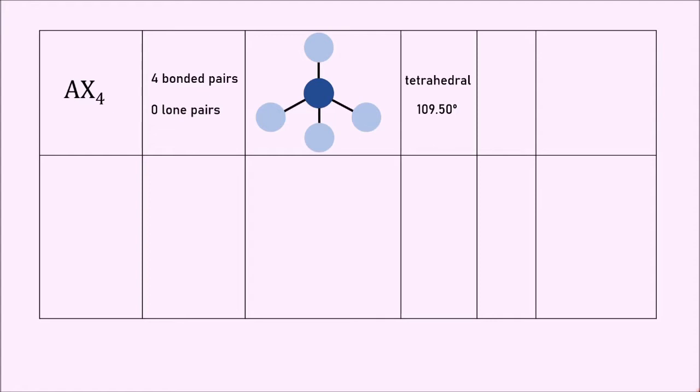Now, why is it called tetrahedral? When we look at all the names of these shapes of the molecules, we need to think about the actual 3D shape that would be formed if we join all the ligands together to form faces of a 3D shape. So we kind of need to have a bit of stereometric imagination here. I've tried to help you with imagining it here. So if you can see, these are faces of a tetrahedron.